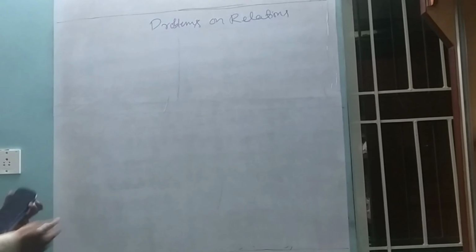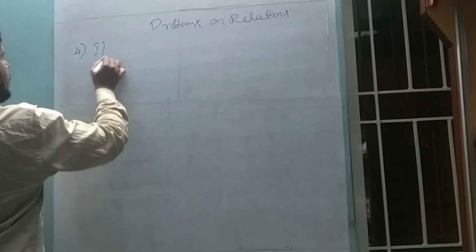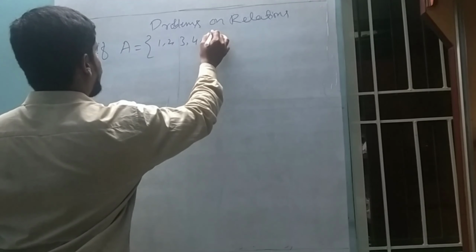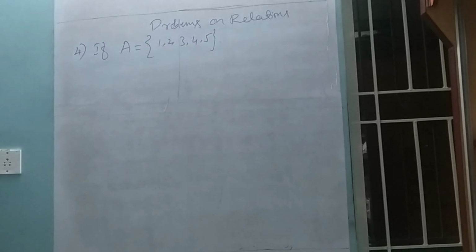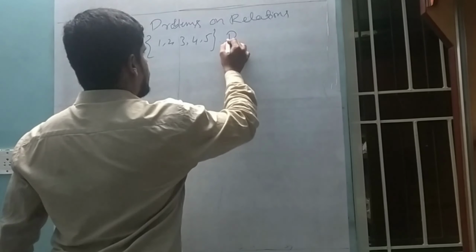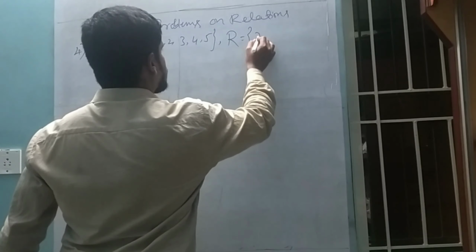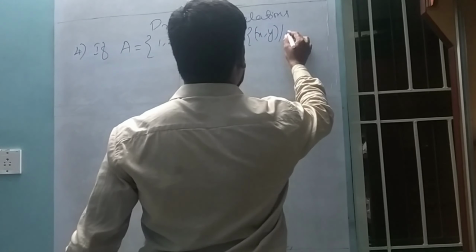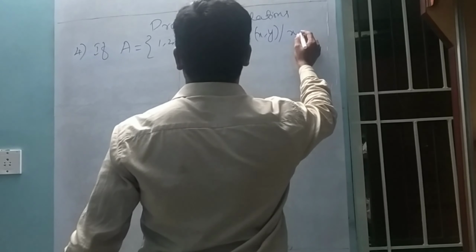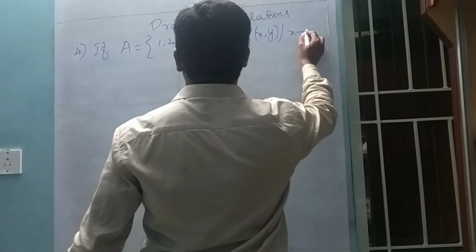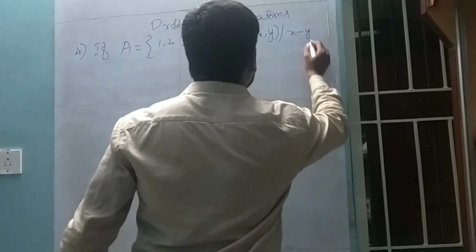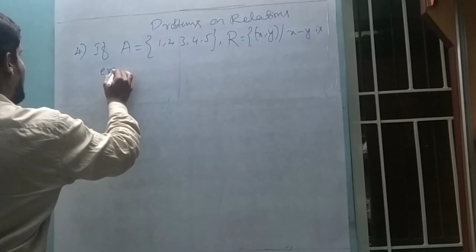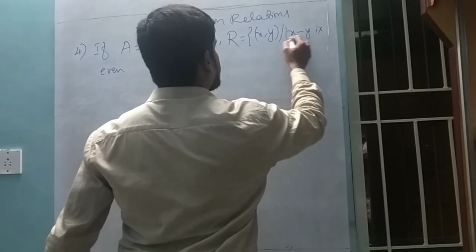Okay, here another problem. If A is a set 1, 2, 3, 4, 5, this is a set which is having 5 elements, and the relation is defined such that x comma y such that x minus y is mod of x minus y.